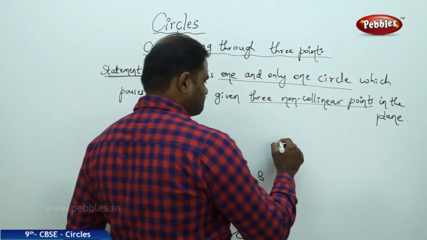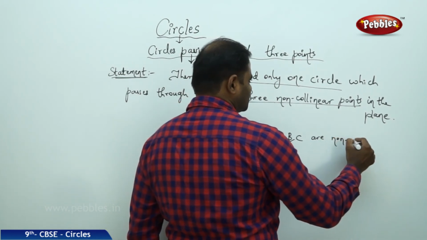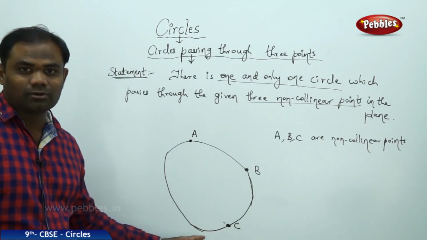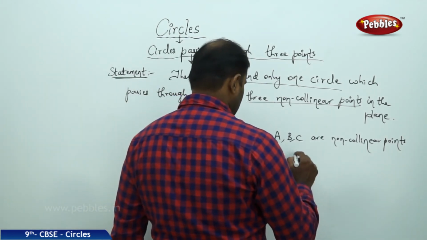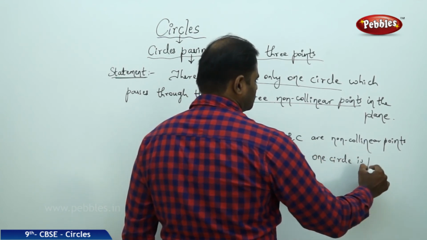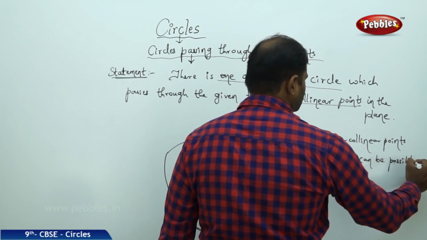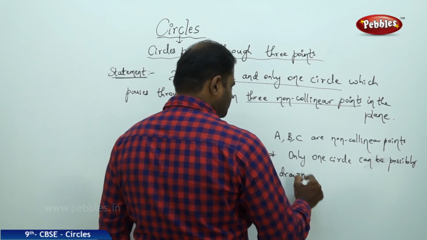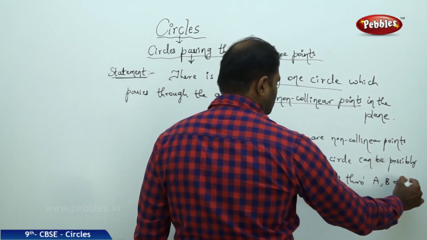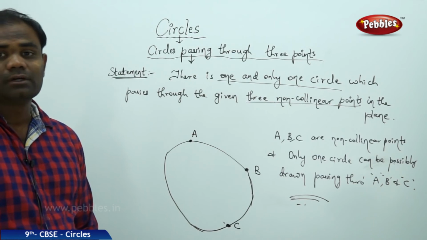Therefore, for the points A, B, C, which are non-collinear points, only one circle can possibly be drawn passing through A, B, and C. That is how I understand the circle connecting 3 points.